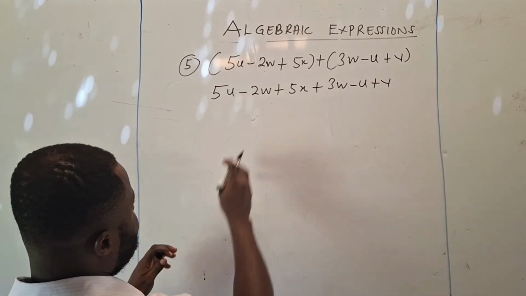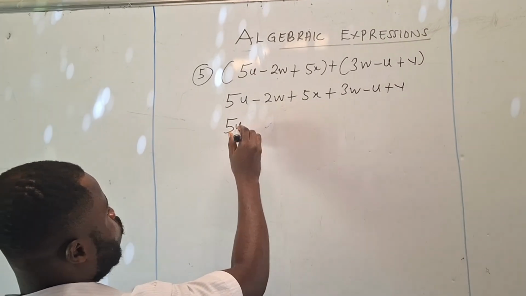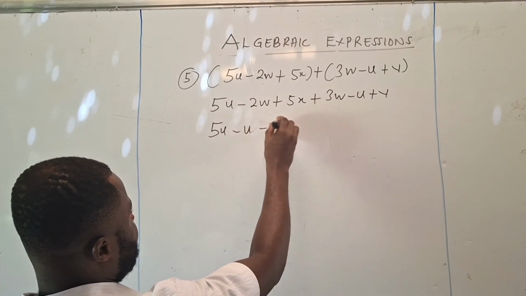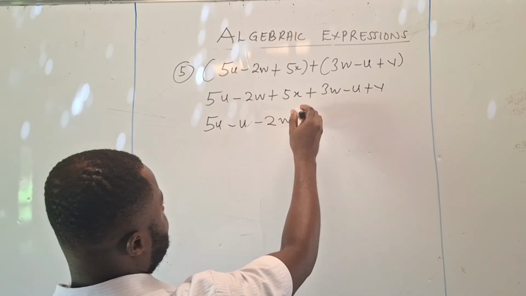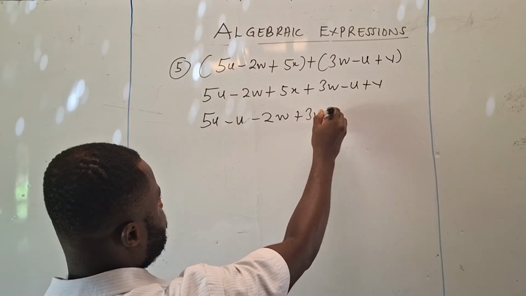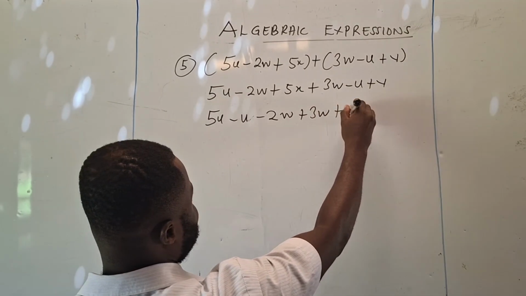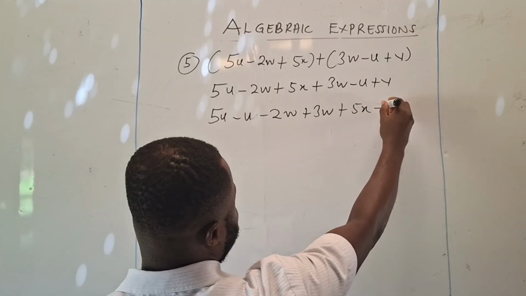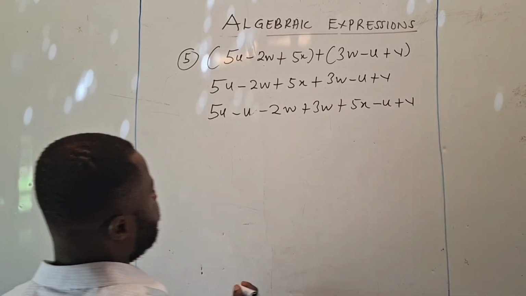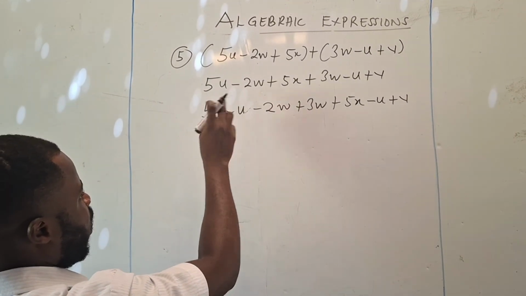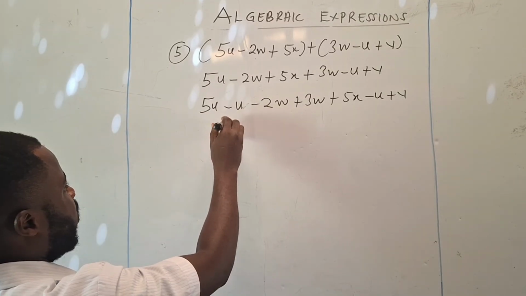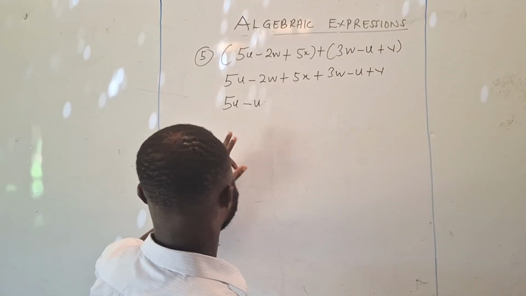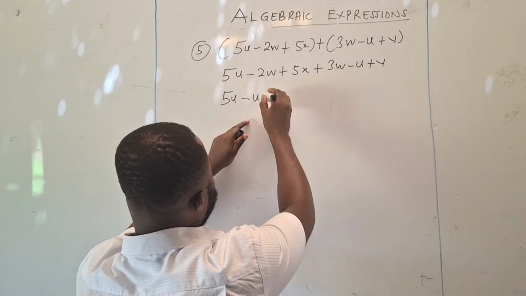Now, like terms. We have 5u minus 1u, or u, minus 2w plus 3w plus 5x. There's no other x, then minus u plus v. So 5u minus 1u will give us 4u.